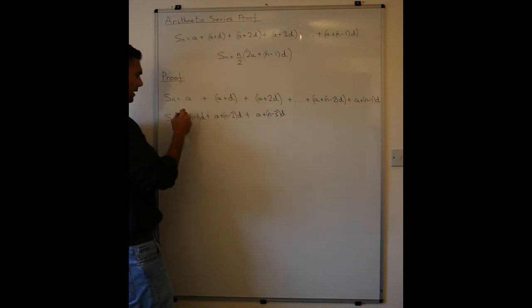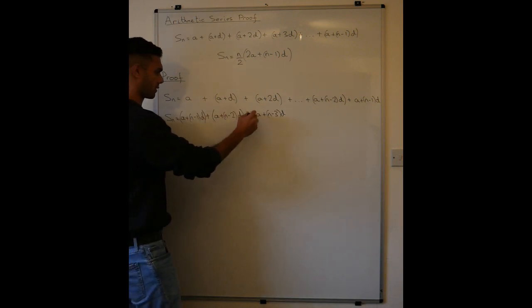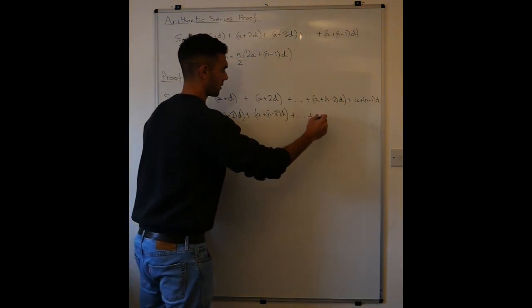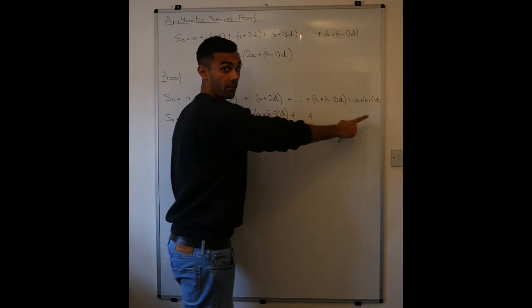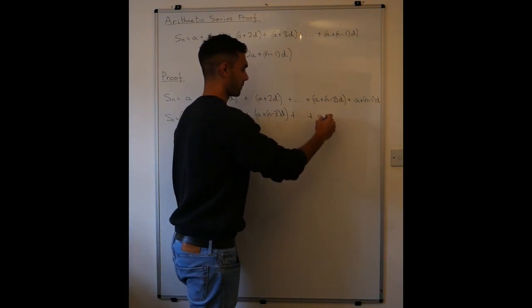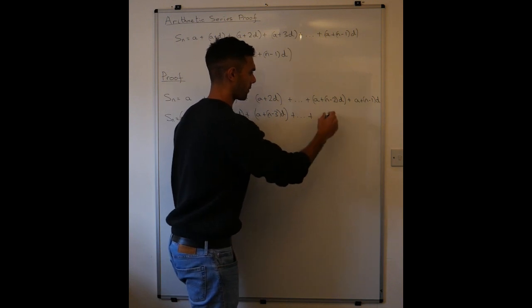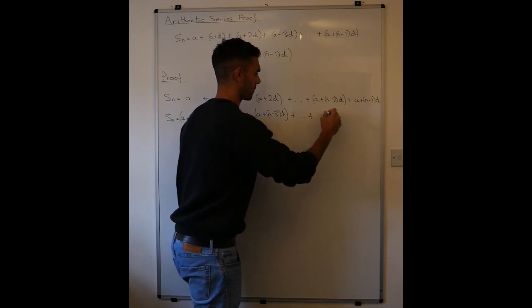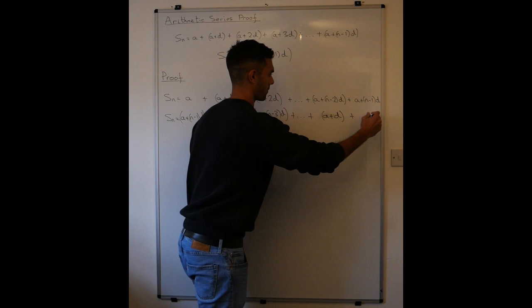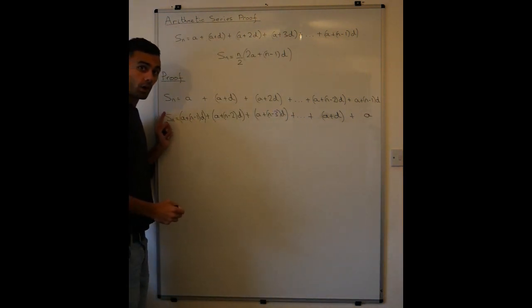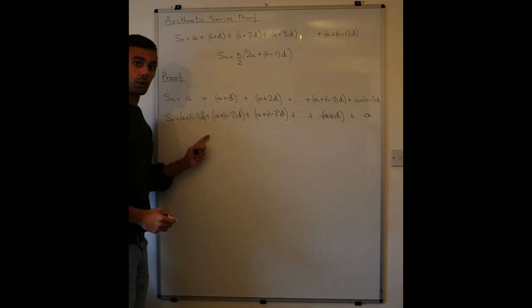Okay, let's put brackets around these. Alright, and then second term and then first term. Let's make that a little bit clearer. Okay, so I've written Sn twice, once normally, once back to front.